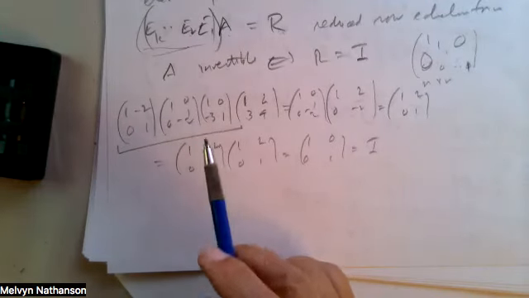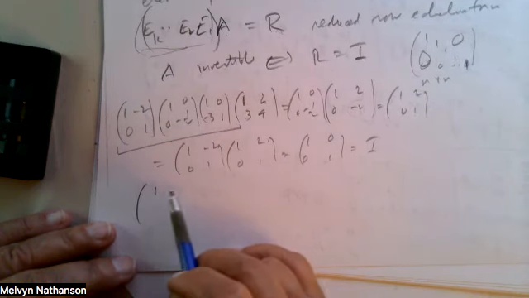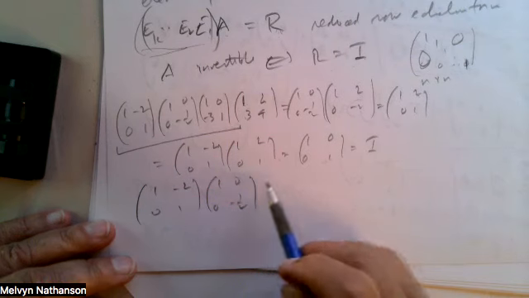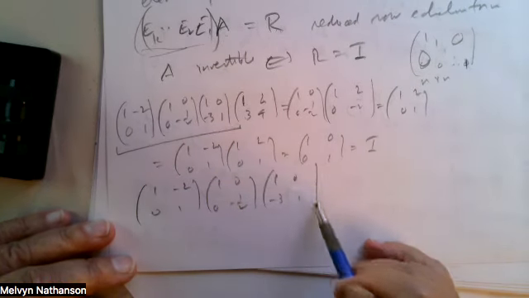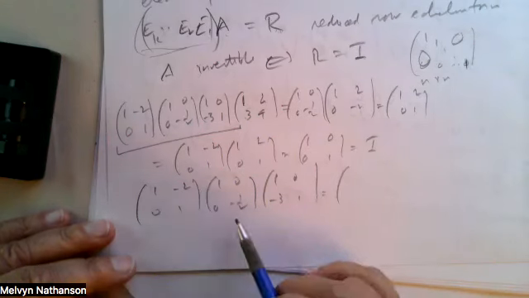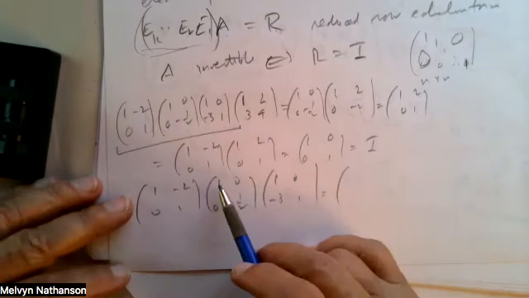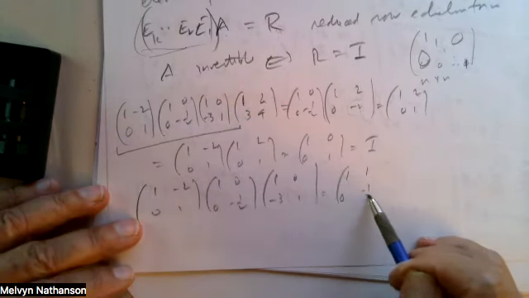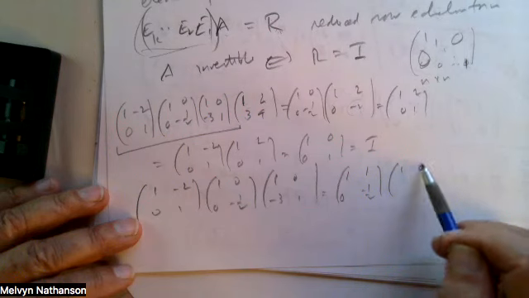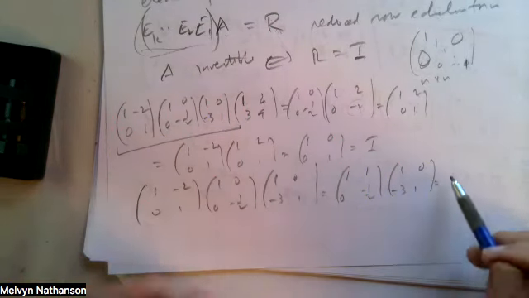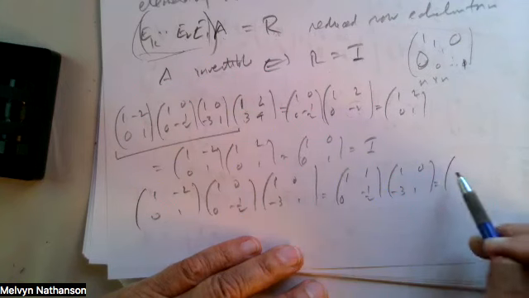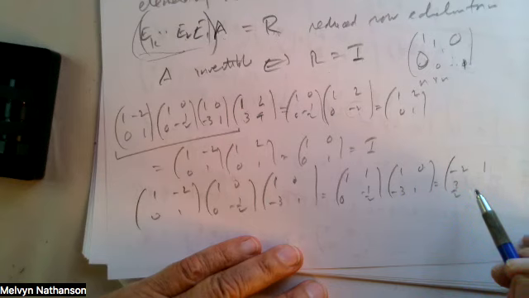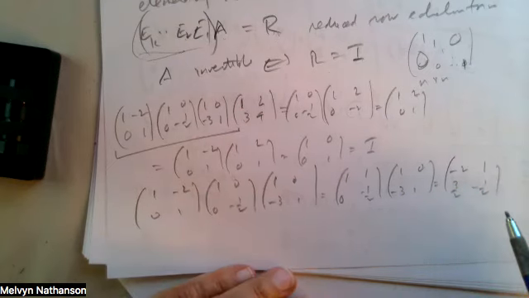What is this product of elementary matrices? Let me compute it. 1, minus 2, 0, 1. 1, 0, 0, minus a half. 1, 0, minus 3, 1. So when I multiply the first two matrices, this is 1, 0, 0, minus a half times 1, 0, minus 3, 1, which is 1, 0, 3 halves, minus a half.